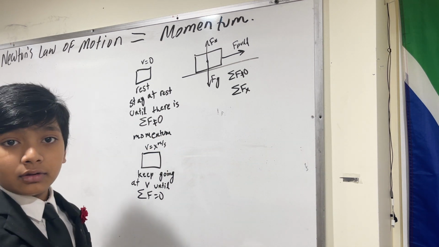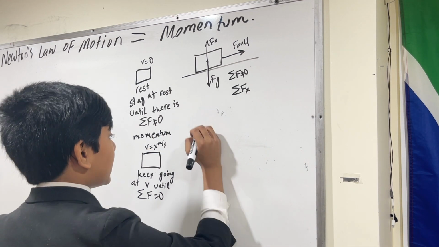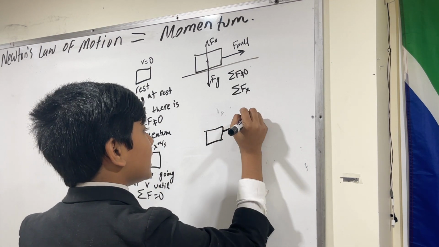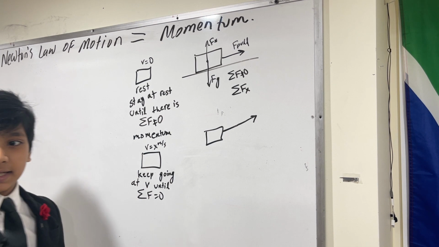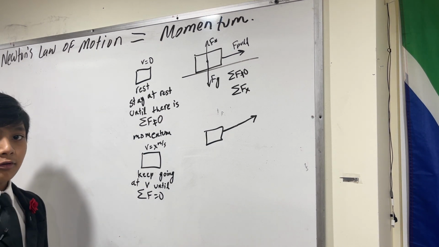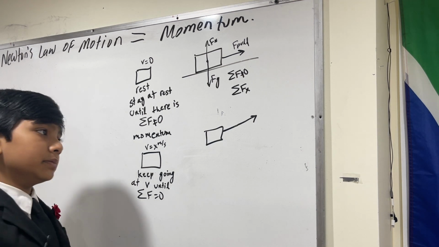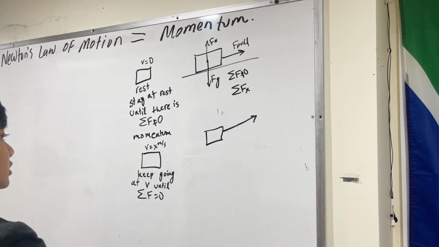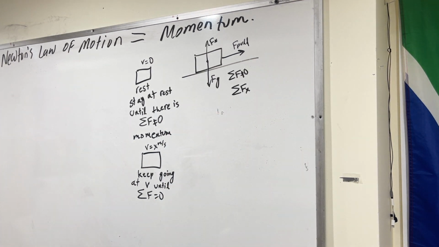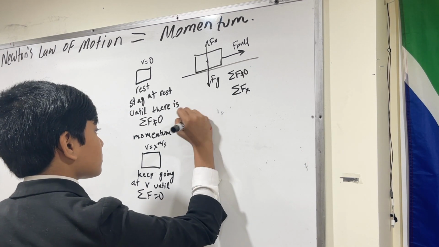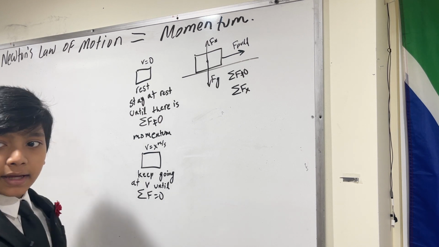But if you had another wooden block and you threw it into space, it would keep going in the same direction at the same constant velocity forever and ever until it either hit something or got sucked in by something. So let's examine something here. What is momentum anyway?